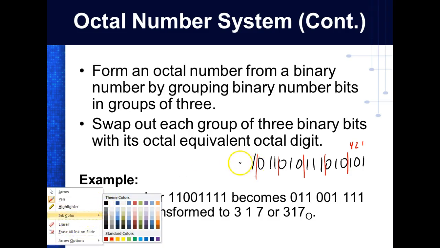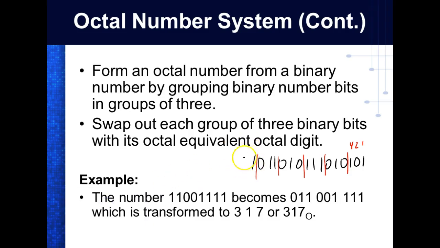If you can't see it in your head, you can come up here and complete the group of 3 if you want to, because I can add as many zeros on the left of the number and it doesn't change the weight of the number, right? So this will be a what? 1. This will be a 2 and a 1. That would give me what? 3. This would be what?